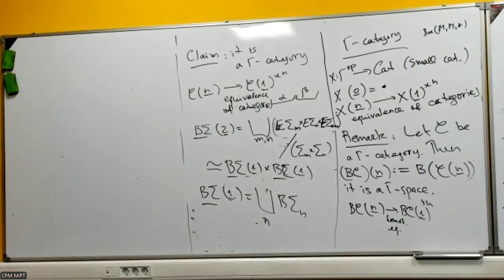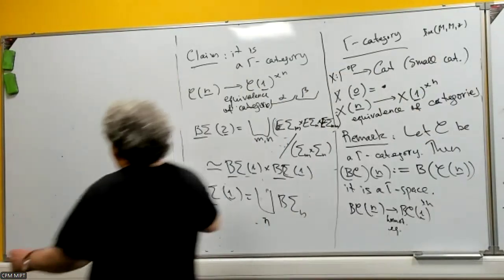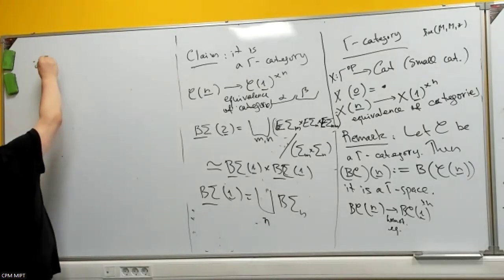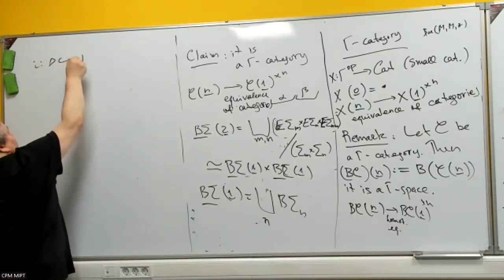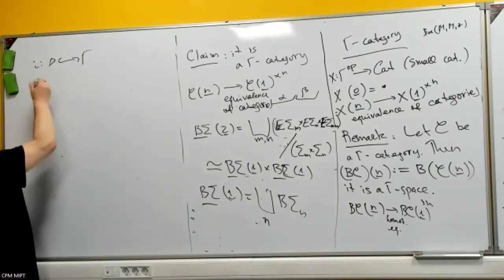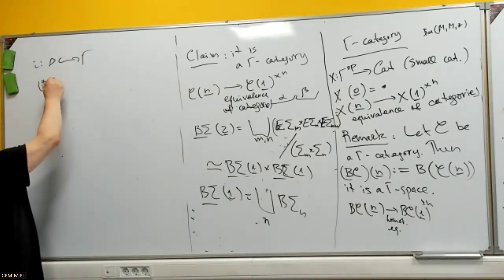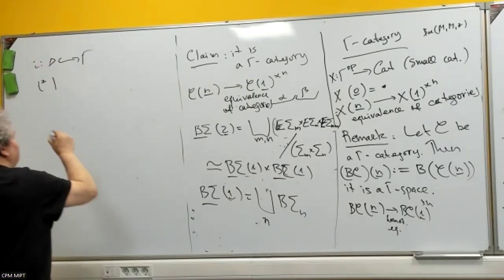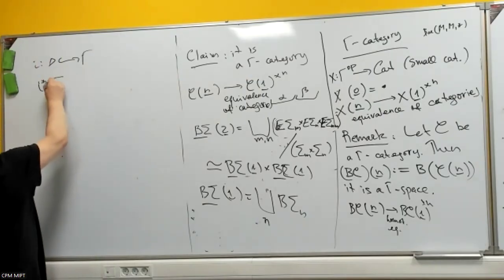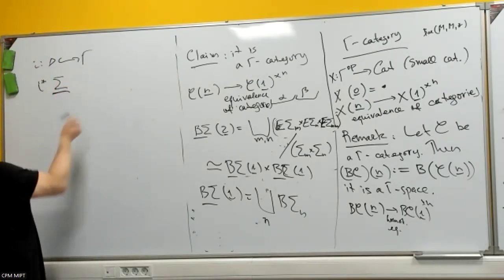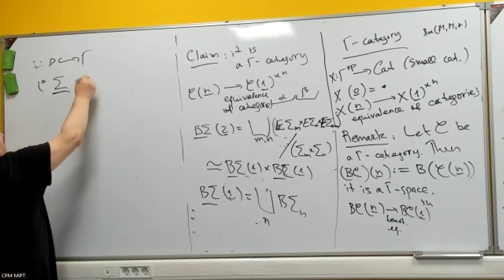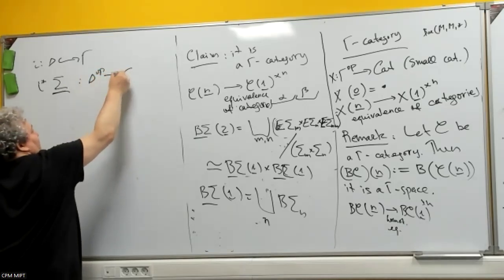I have a functor from delta to gamma, and I can take I upper star of this gamma category called sigma. Yeah, then it becomes a functor from delta op to hat.